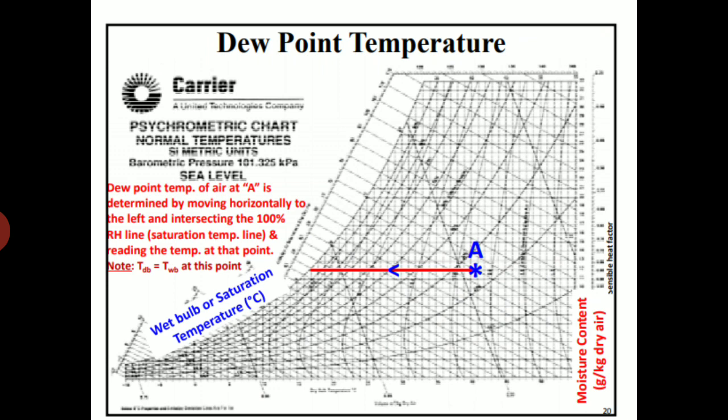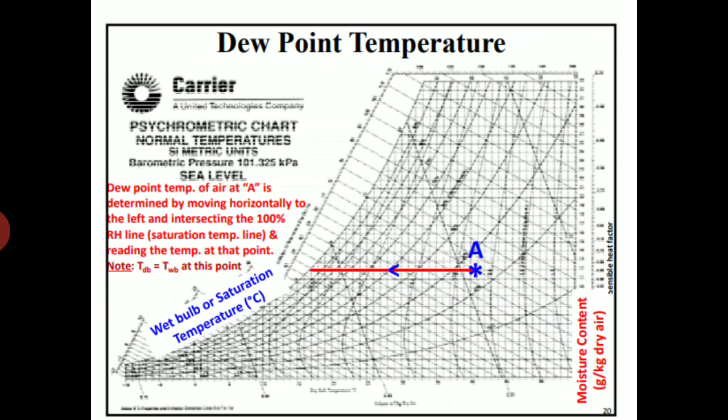Now dew point temperature. Suppose you got one point, the A point. From that A point, move towards the left-hand side on the curve. Beyond that, the values cannot be obtained, because beyond the saturation curve the vapor begins to condense.